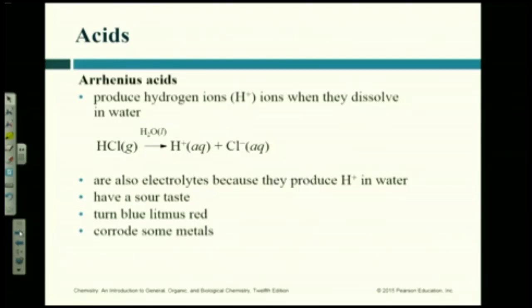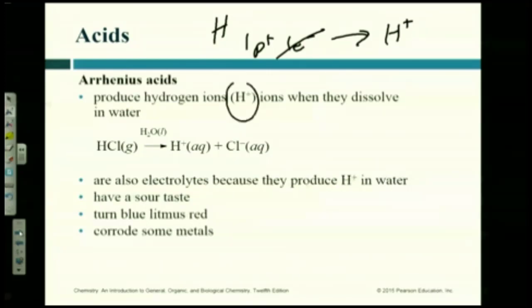Remember, if you just have a hydrogen atom, it has one proton and one electron. Well, when it loses that electron, this is what you get: hydrogen ions. You will often hear me refer to hydrogen ions as protons, because it's lost the electron, so all that's left is the proton, okay?